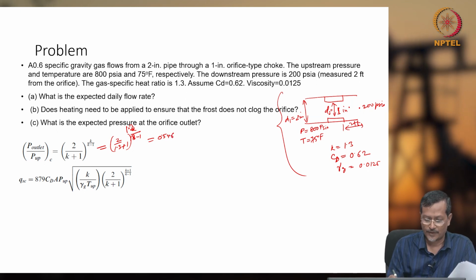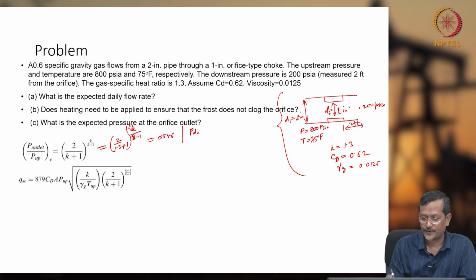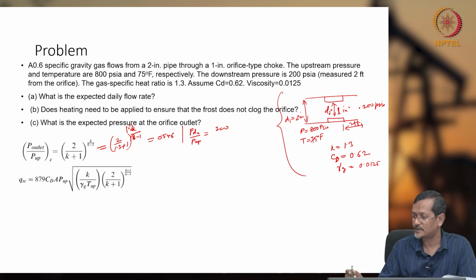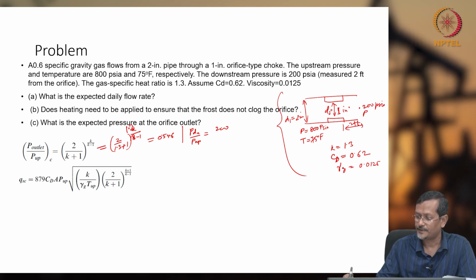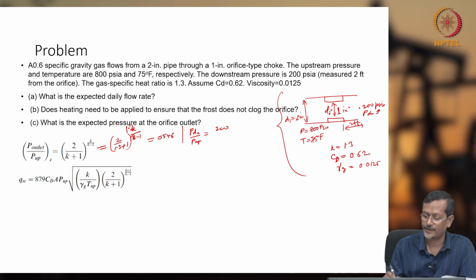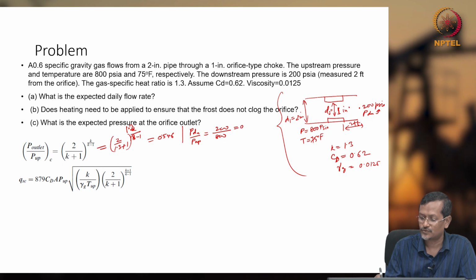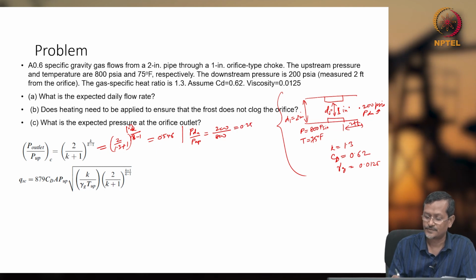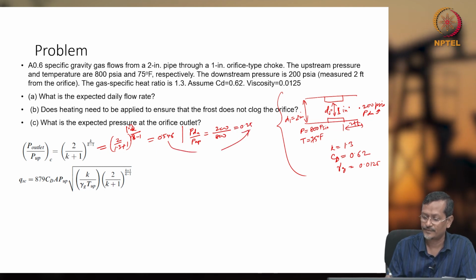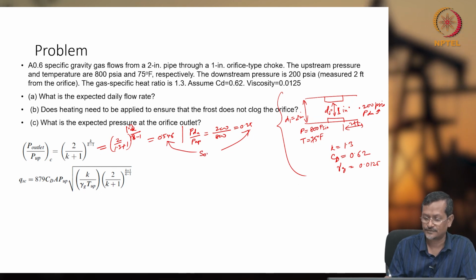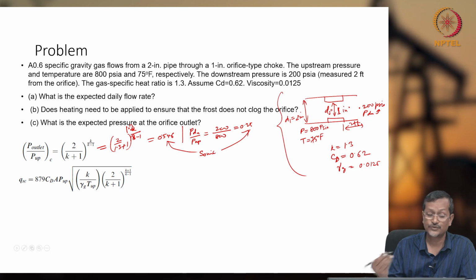Now P down by P up equals 200 by 800, where P down is given 200 and P up upstream is given 800. So it is becoming 0.25. You can see 0.546 and 0.25. 0.546 is higher, so it is a sonic condition and you have to use the sonic equation.